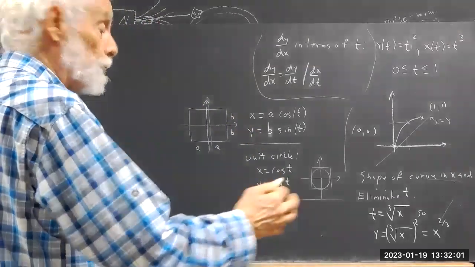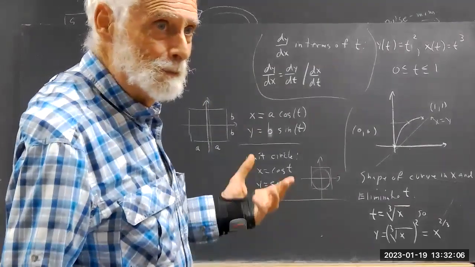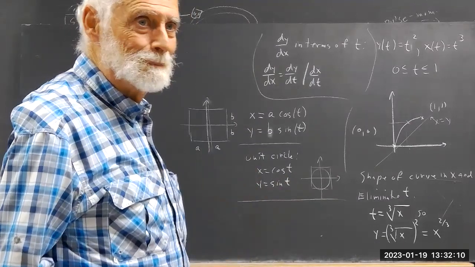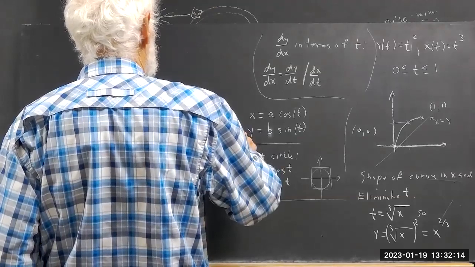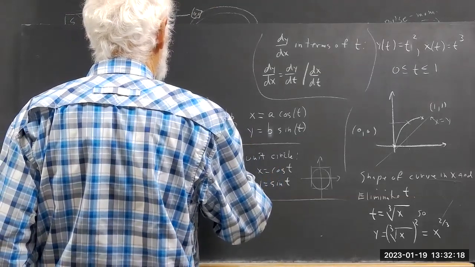And now you distort the circle. You stretch it this way, you stretch it this way. And what do you get? What letter does it start with? Give me letters. So we're just doing what I showed you to do.